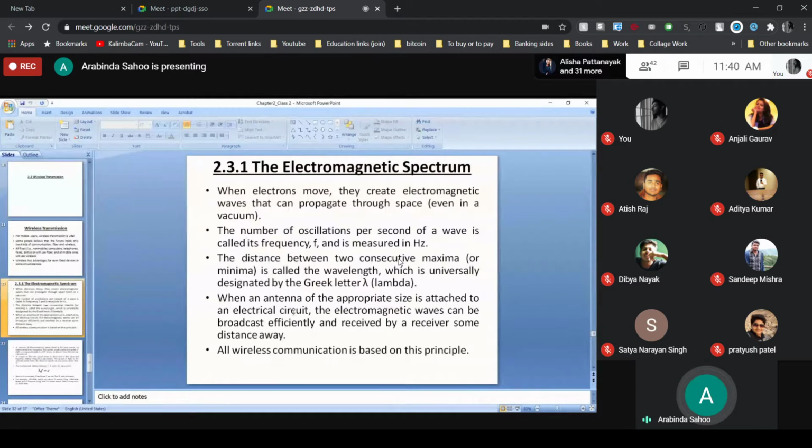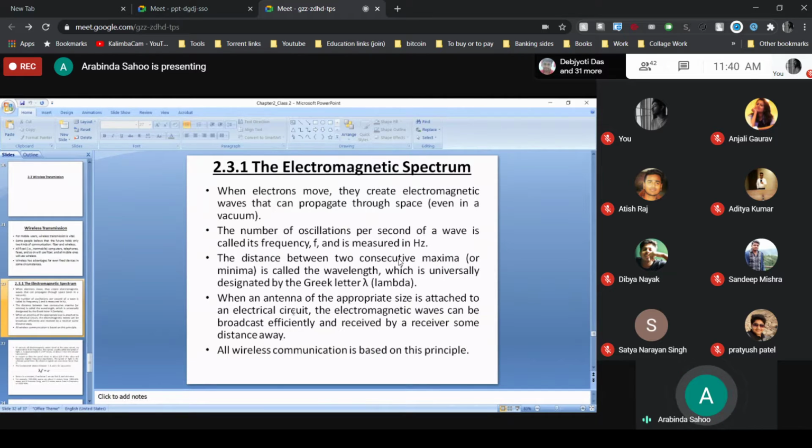But how much distance it travels through space depends upon its physical characteristics, like the frequency and the wavelength associated with this electromagnetic wave. Suppose you are transmitting normal electric supply, the frequency associated with it is 50 hertz.